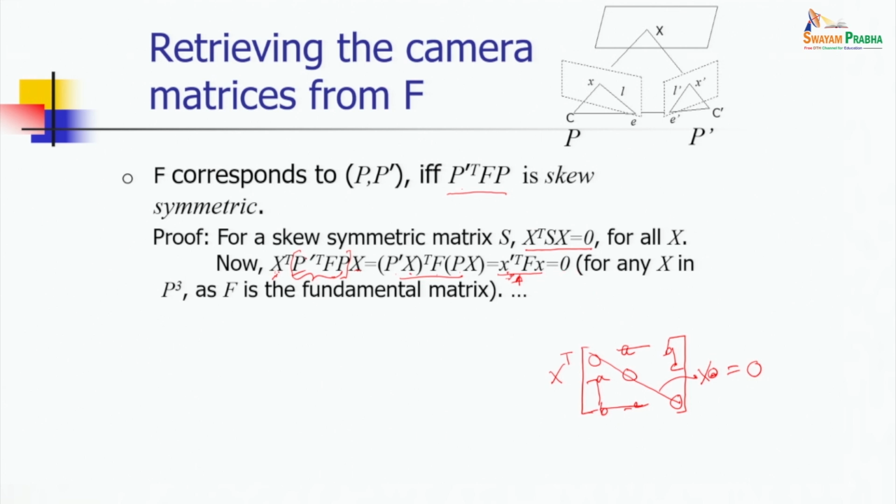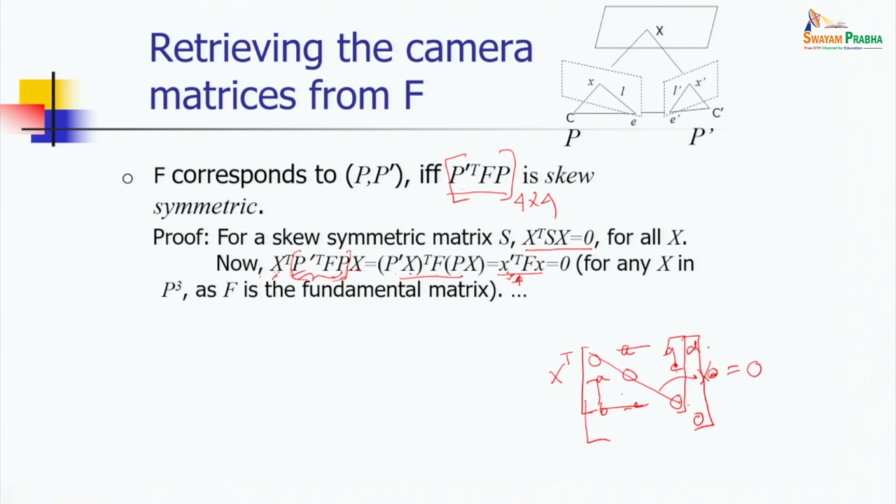So which means that this composite matrix is also skew symmetric because of the property X transpose S X equals 0. I should correct myself. The dimension of this is 4 cross 4, not 3 cross 3. So you will have another element here, and accordingly all the off diagonal elements should be antisymmetric.